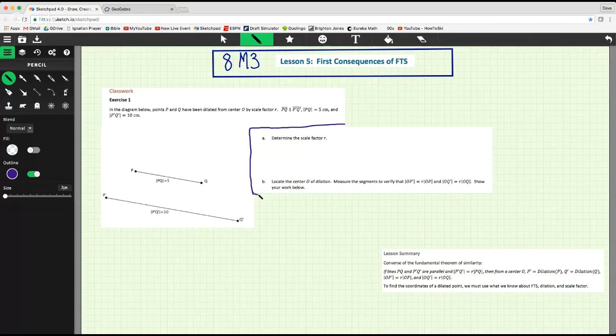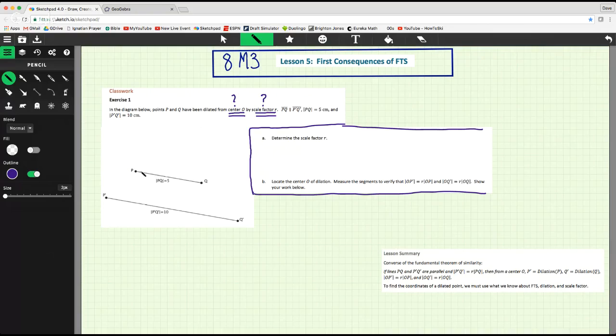This first problem is actually from the work that you did in class today. You're given these two lines, PQ and P prime Q prime, and you're told that P has been dilated to P prime and Q has been dilated to Q prime from a center O, which they actually don't show you here, and with a scale factor of R. They don't tell you where this center is, and they don't tell you what this scale factor is.